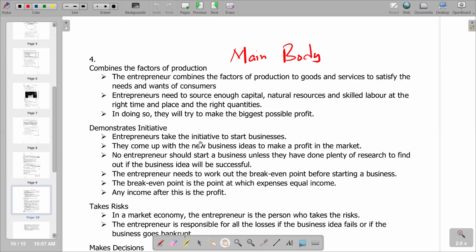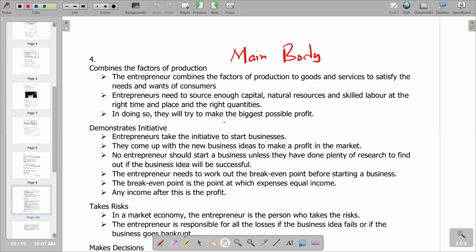That is, entrepreneurs take the initiative to start a business. You should be someone who has the ability to start your own way of doing things, starting an initiative and also being creative in the way that you do your things.